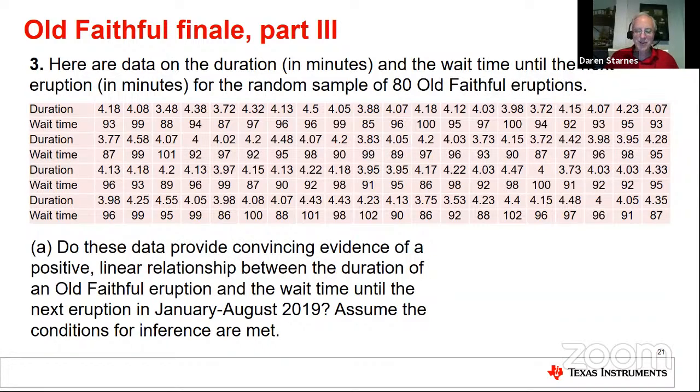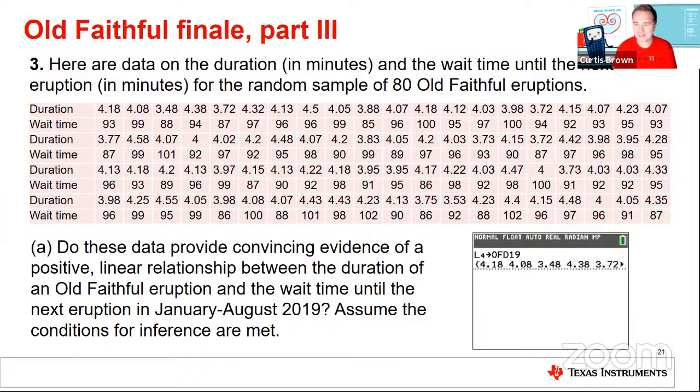I hope kids aren't going to need to do that, so we'll cross our fingers. These conditions for inference with bivariate data get to be a little bit challenging. Yeah, it's not fun. So let's just assume the conditions for inference are met. I'll tell you that I checked them, and then I just said let's assume.